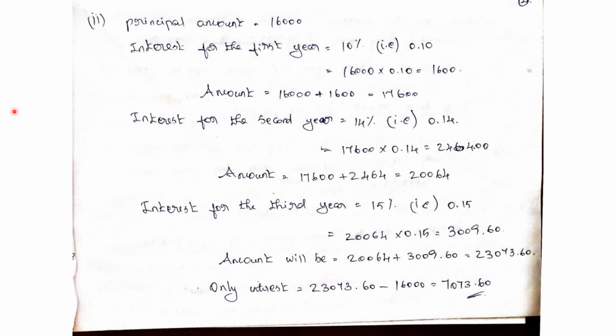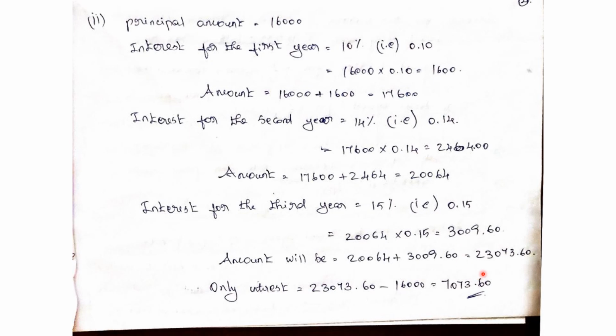So we need to take the principal amount for each and every year. We should multiply it with the interest. Okay, so the interest amount will get added to the principal amount. Like that if we do, we'll get the answer.